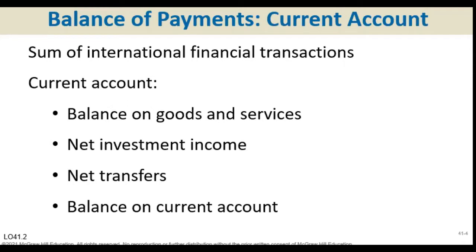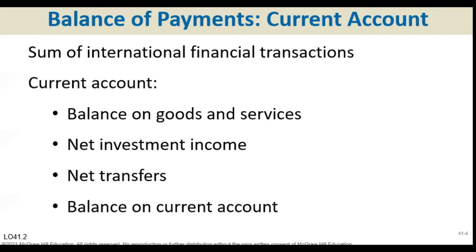The current account summarizes U.S. trade in currently produced goods and services. Exports are plus, because they add to our GDP, and imports are minus.